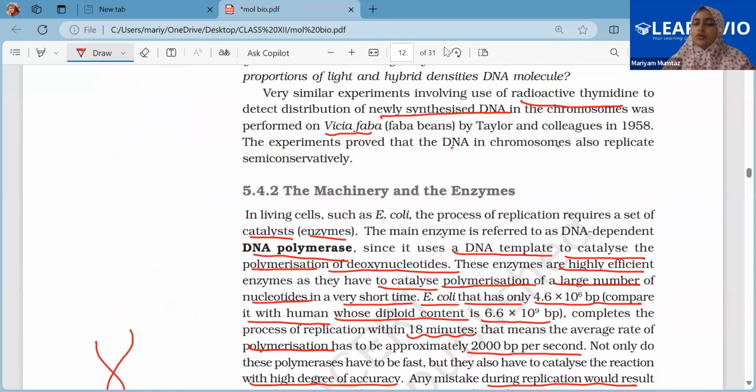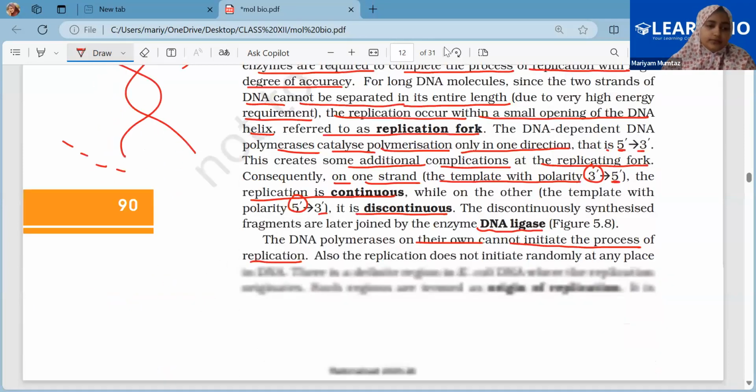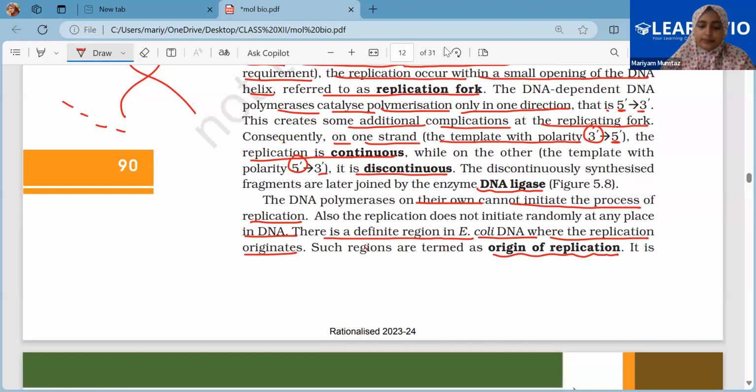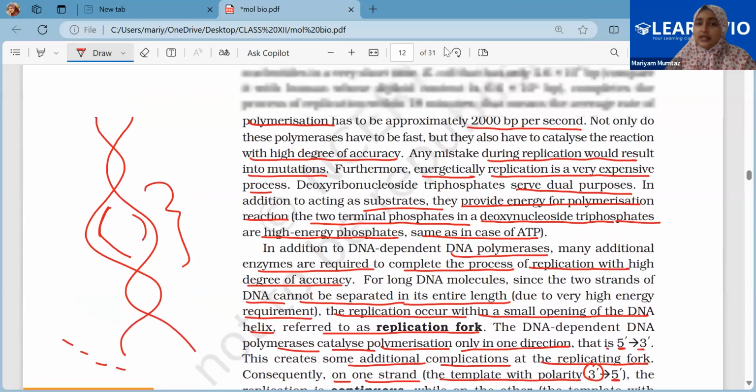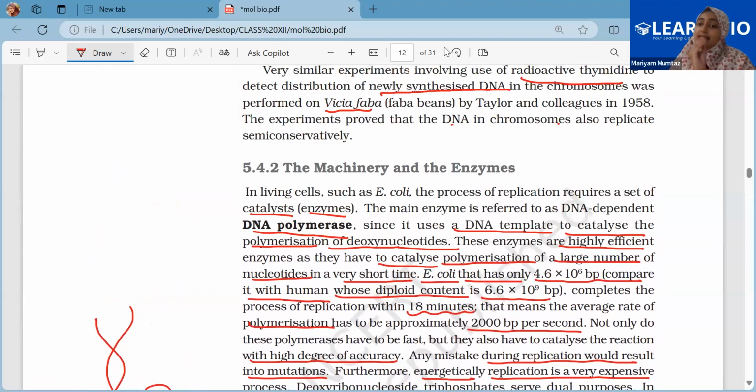Yes, ma'am. So what are all the things that are needed for DNA replication? DNA polymerase. DNA dependent DNA polymerase. There are many DNA polymerases that are RNA dependent as well, so remember to mention that it is DNA dependent DNA polymerase. Very good.